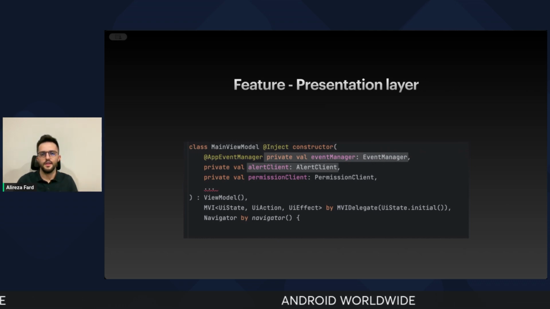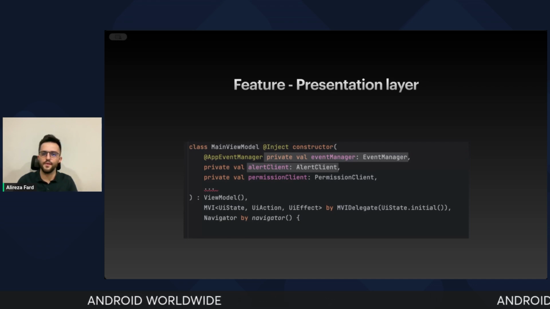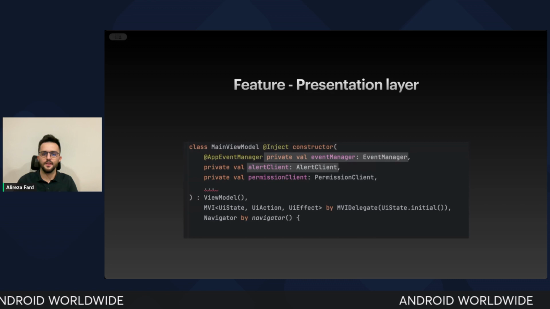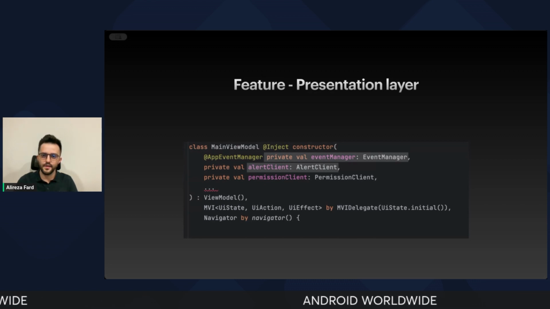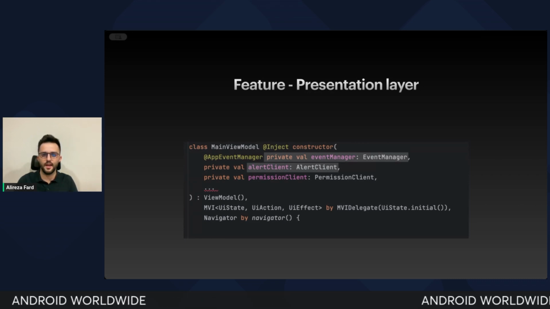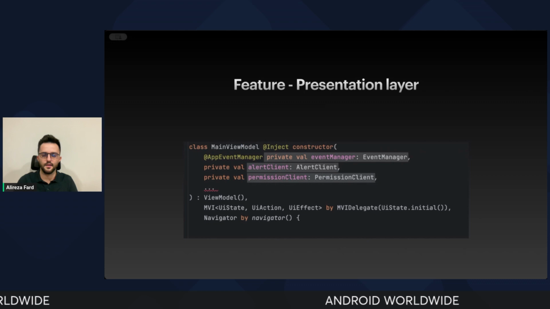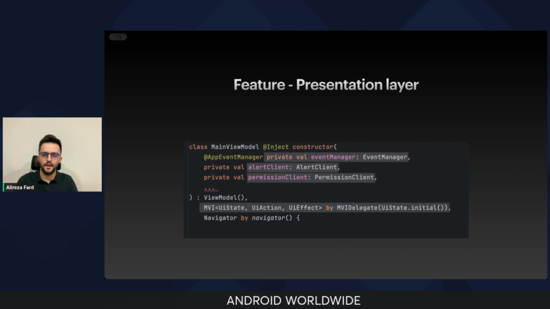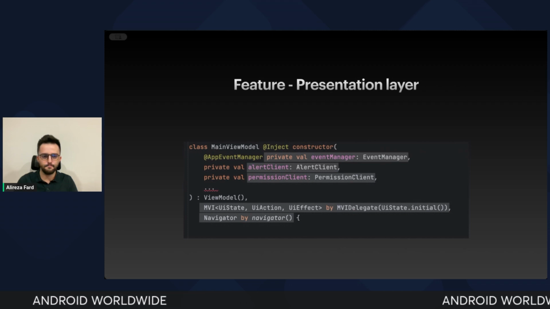For example, we wrote all event behavior in one module, and we just expose an interface, and this feature module just gets that interface, and regardless of the implementation, it can call that interface and send the data. And it applies also to MVI and Navigator.